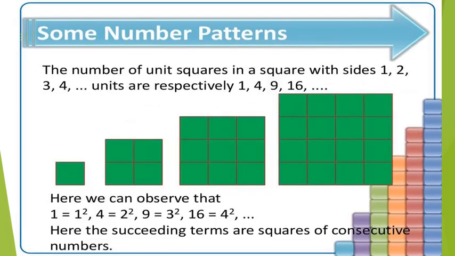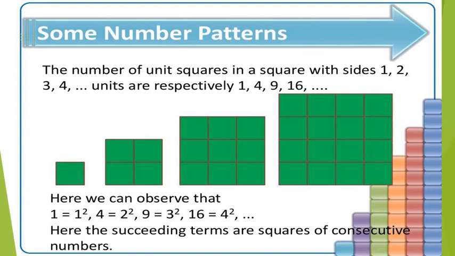Now let's have a look at another example. In the first figure, there is only one square. In the second figure, there are 4 squares, forming a square of 2 cross 2. In the third figure, there are 9 squares, forming a square of 3 cross 3. Similarly, the last figure is a square of 4 cross 4.